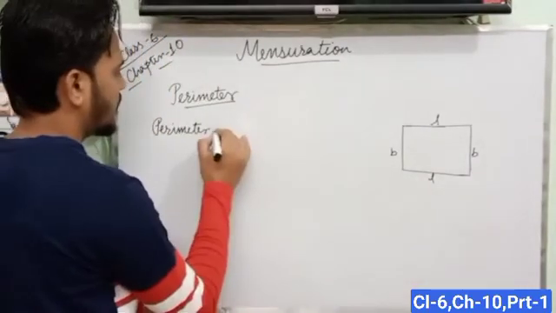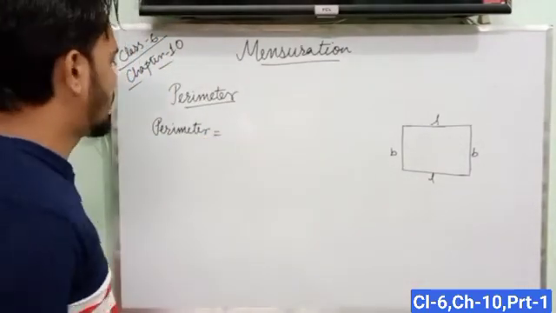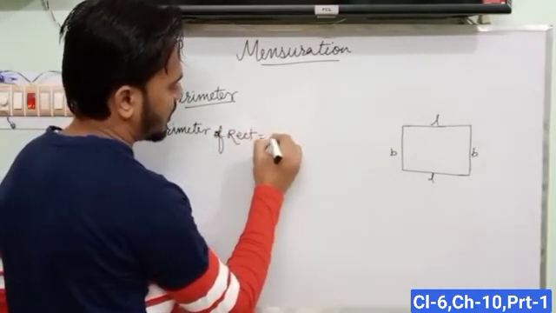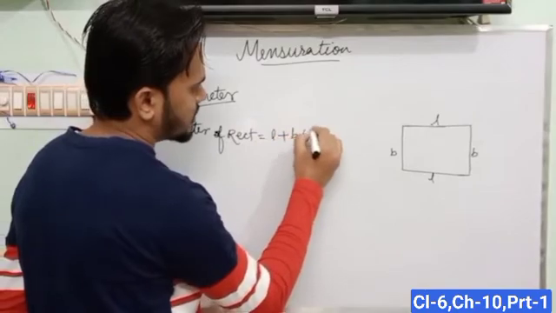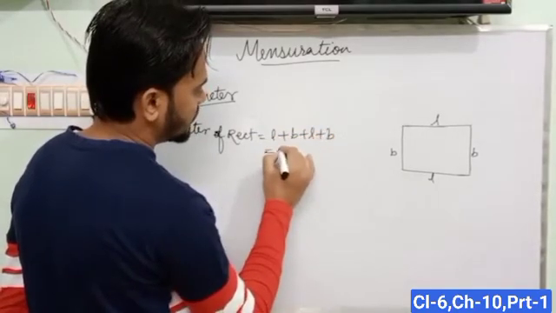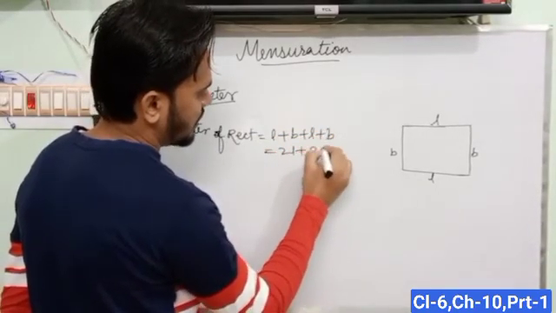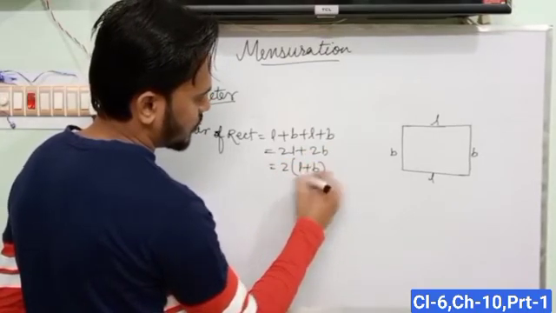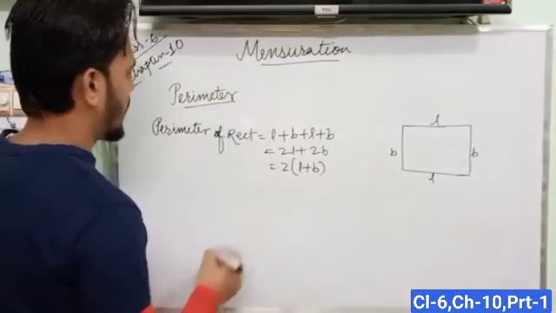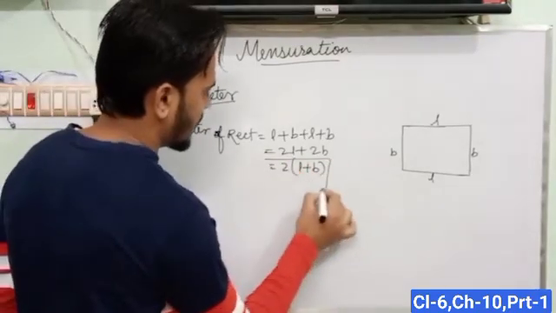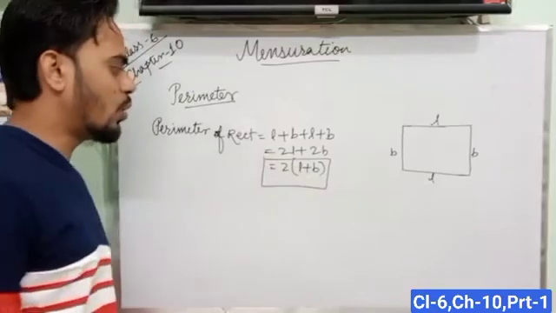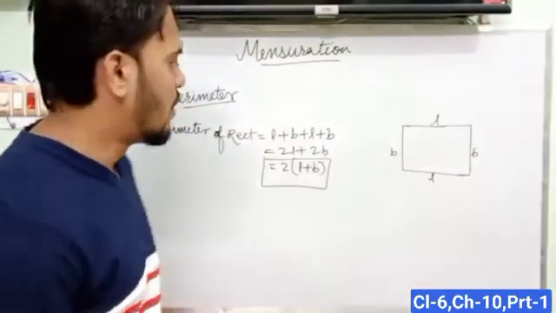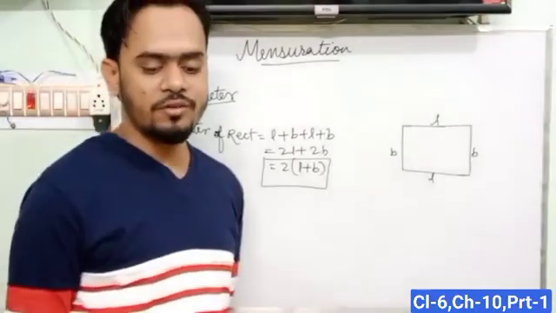So simply, if we follow the definition of perimeter, then perimeter of rectangle is equal to L plus B plus L plus B. That means 2L and 2B. When we take 2 common, then 2 into L plus B. Then what we find? The perimeter of a rectangle is equal to 2 into length plus breadth. So this is the formula for the perimeter of a rectangle.